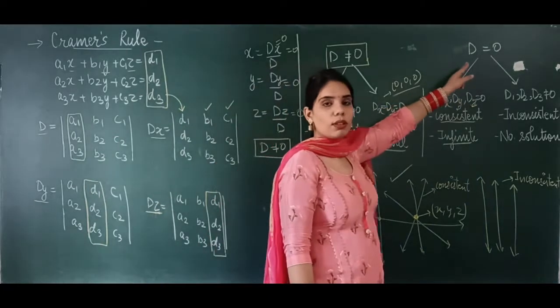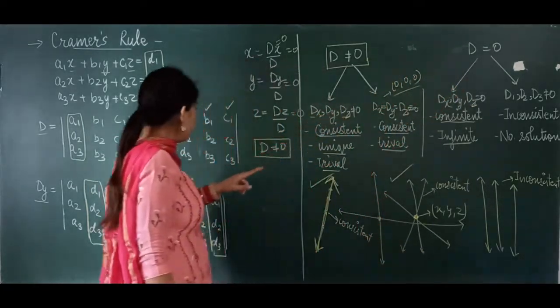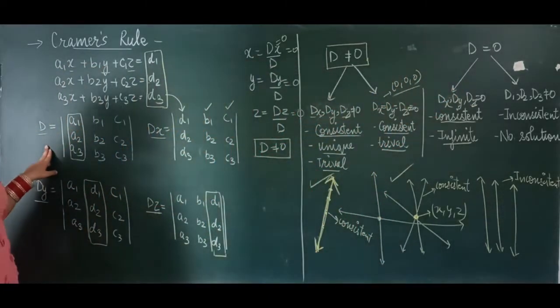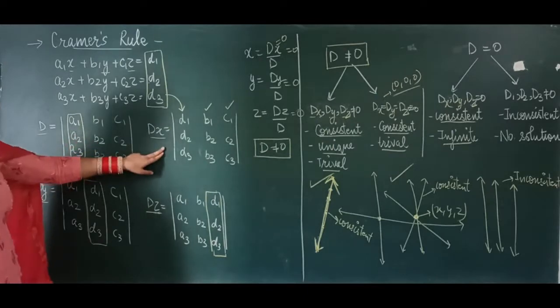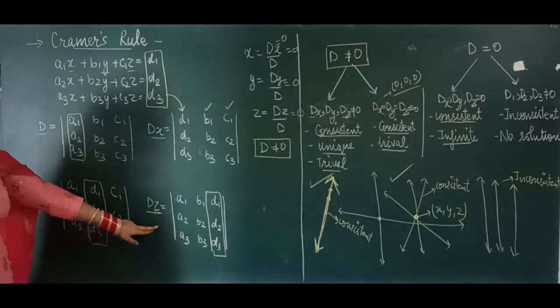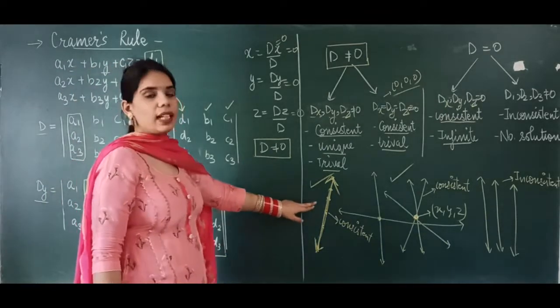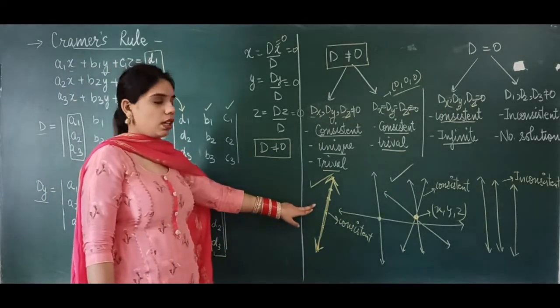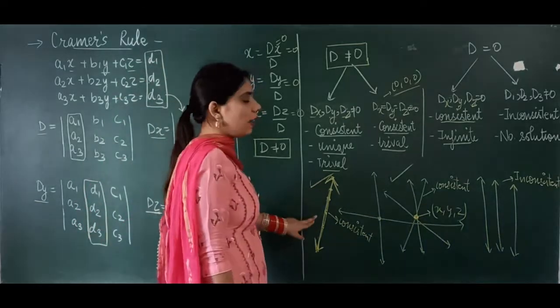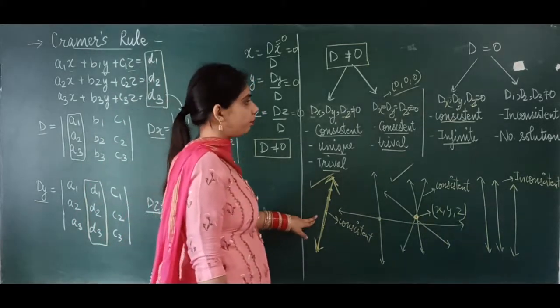When my d is also equal to 0, the value of d as well as dx, dy, dz, they all are equal to 0. That means all the lines are overlapping each other, or they have infinitely many solutions.